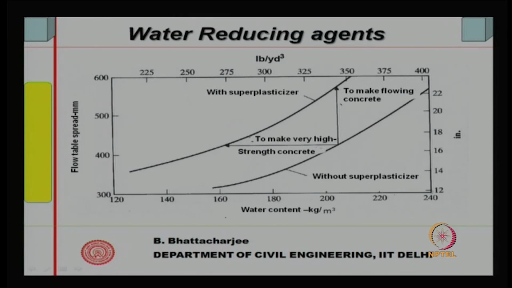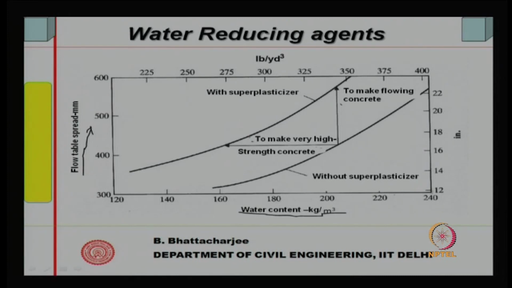In this axis, if you see, we have water content, and then in this axis is flow table spread, right. Now, this is flow table spread, all right.